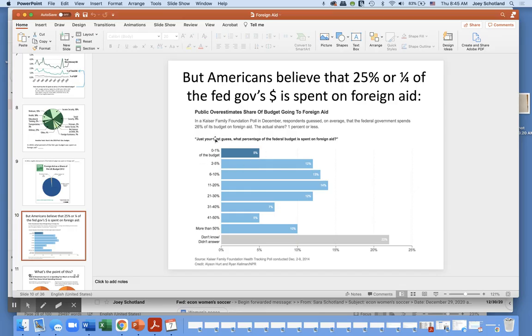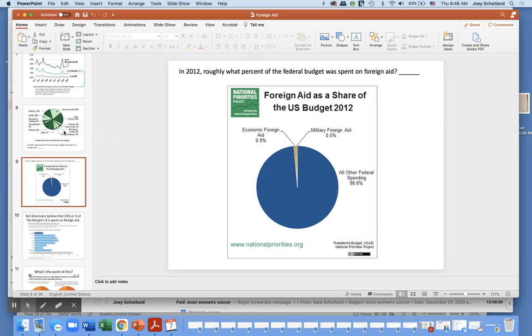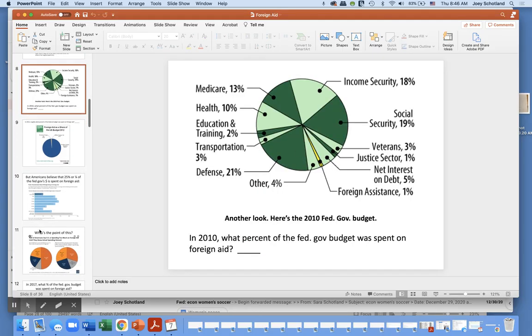What percent of Americans actually know the correct amount, that it's about 1%? Only 5% of Americans get that right. Again, most Americans believe that on average, we spend 25% or a quarter of the federal government's money on foreign aid. But the real answer is much, much, much less.